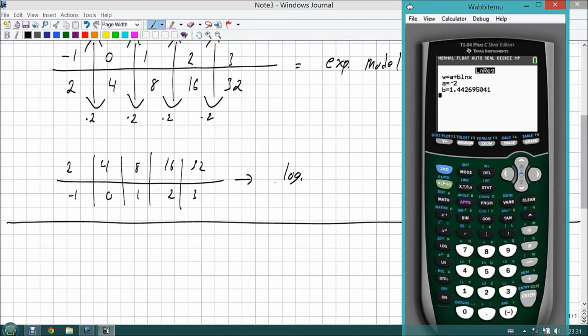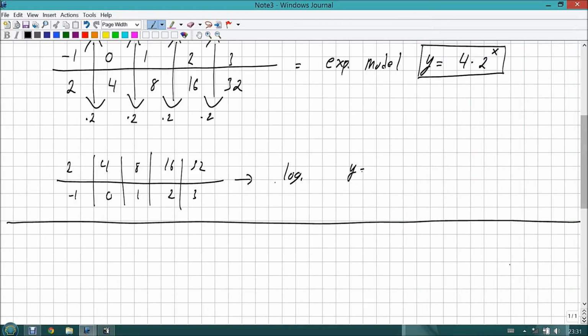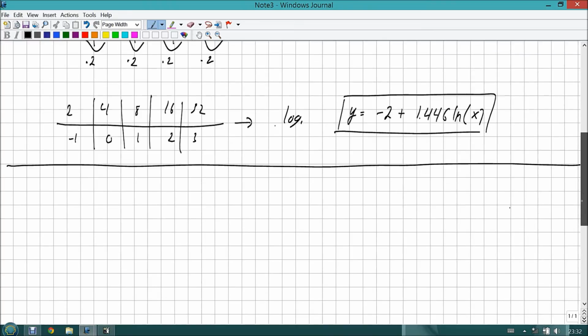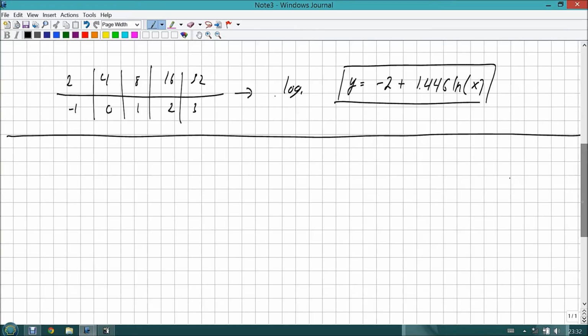It gives me a is equal to -2 and b is equal to 1.4426 and so on. So for this one, I would have y is equal to -2 plus 1.4426 times the natural log of x. Of course, if we used log base 2, this would actually be really easy, but we used natural log, so it's not going to be nice.